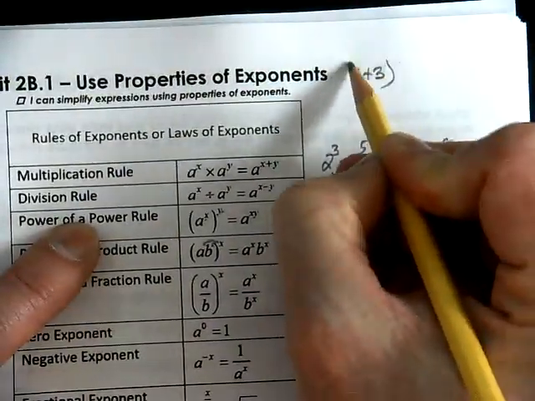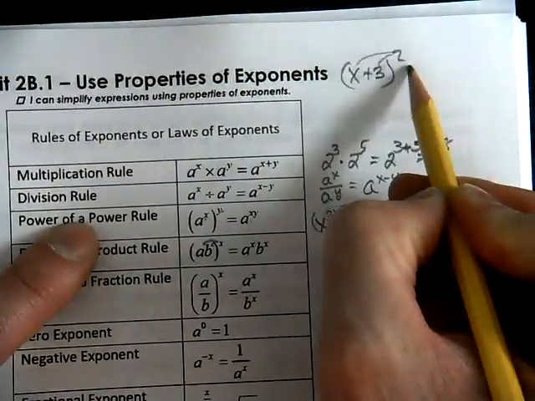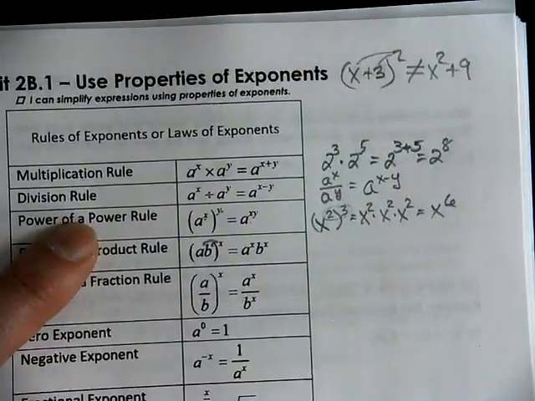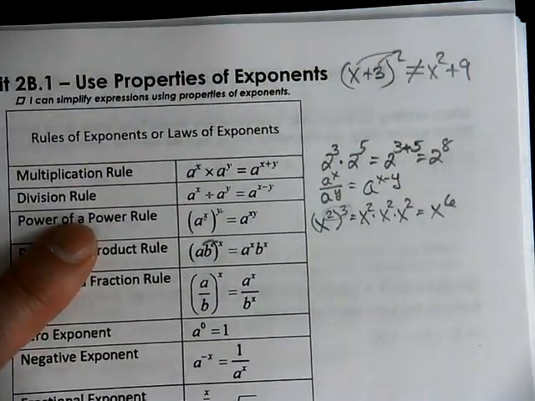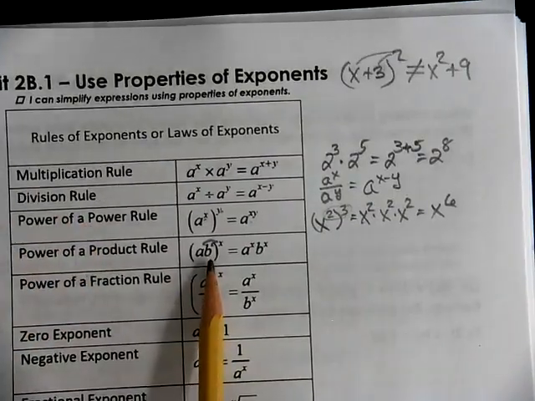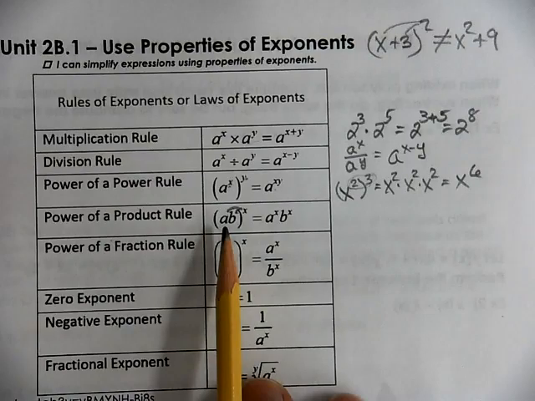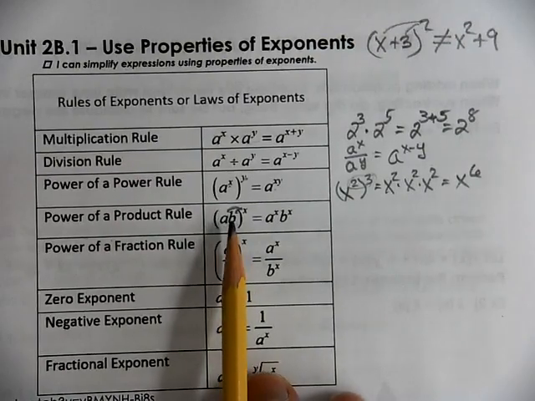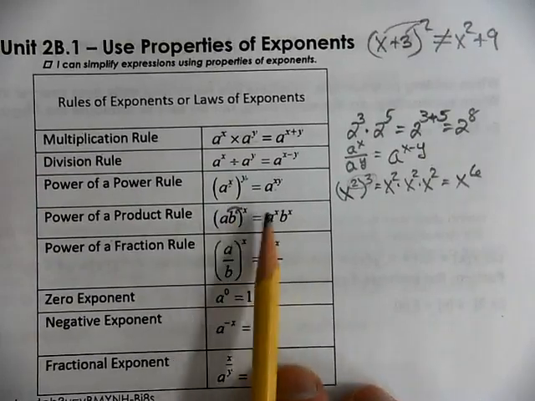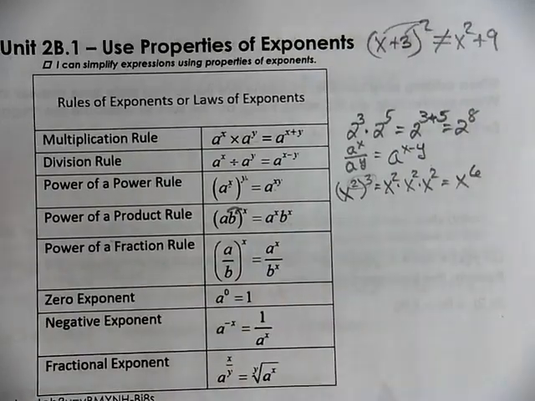And that's when we were working with a binomial. You cannot do that. Cannot distribute into a binomial. This down here is not a binomial. This does not have a plus in between your terms. This is multiplication. That's called a monomial. So we can distribute it in and call it a to the x power and b to the x power.